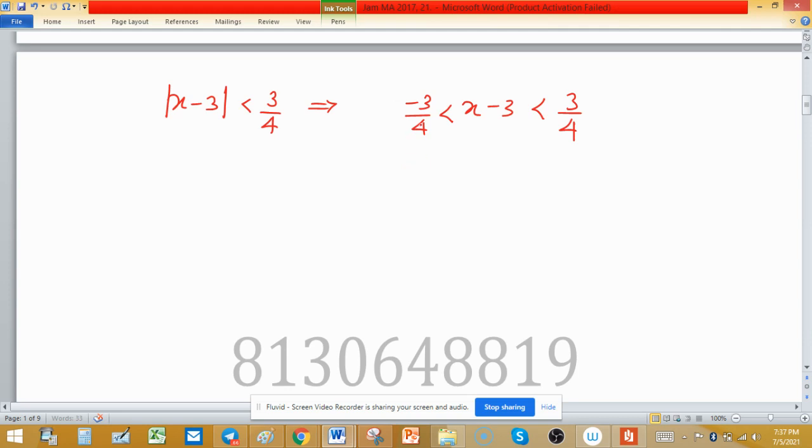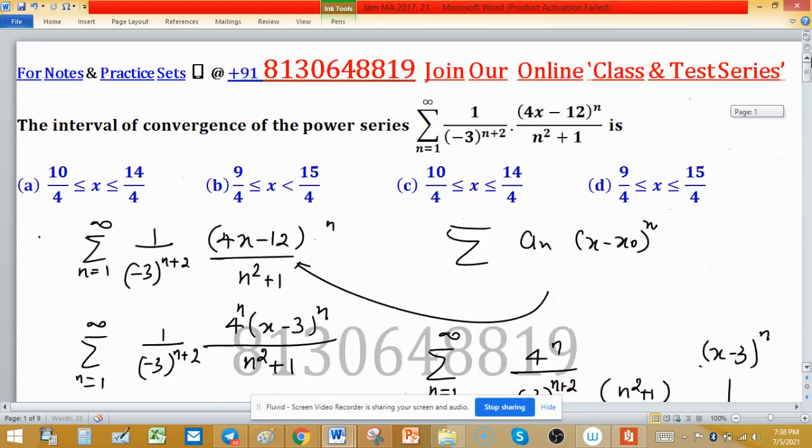So what we have: 4 threes are 12, minus 3, 9 by 4, less than x less than 3 fours are 12, 15 by 4. So this is the interval of convergence, means 9 by 4 is less than x less than 15 by 4.